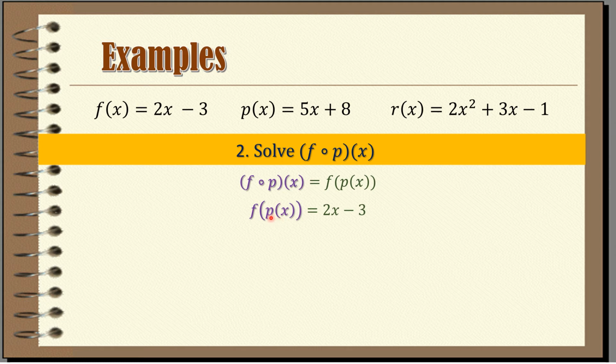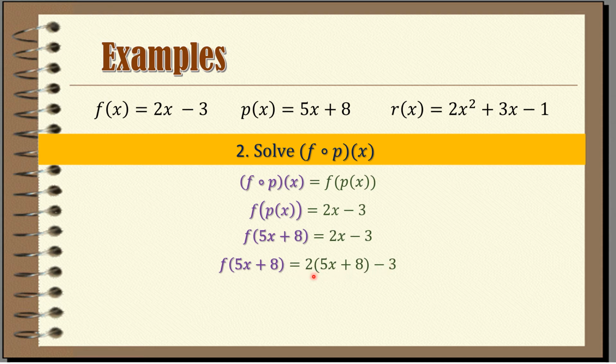And then we're going to write also the value of p of x, the function, which is 5x plus 8. We have here f of 5x plus 8 is equal to 2x minus 3. And then we're going to substitute this to the value of x on the right side of the equation. So we have f of 5x plus 8 is equal to 2 times 5x plus 8 minus 3.